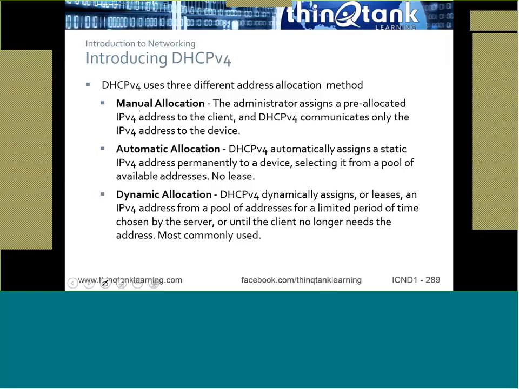Now, that doesn't mean that the address then becomes a static configuration on the client, but if the client loses power and you boot the client back up, when it does its discover again, it's going to get assigned the same address that it had before.